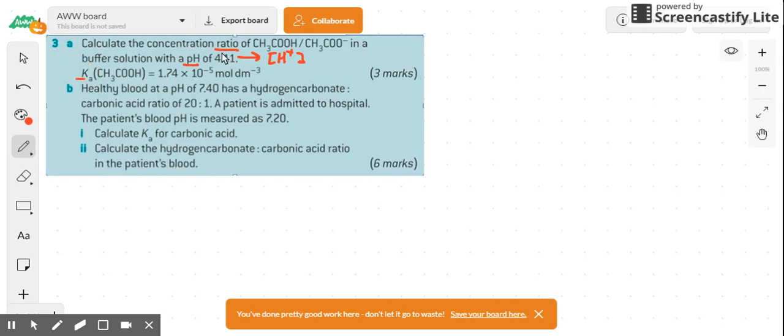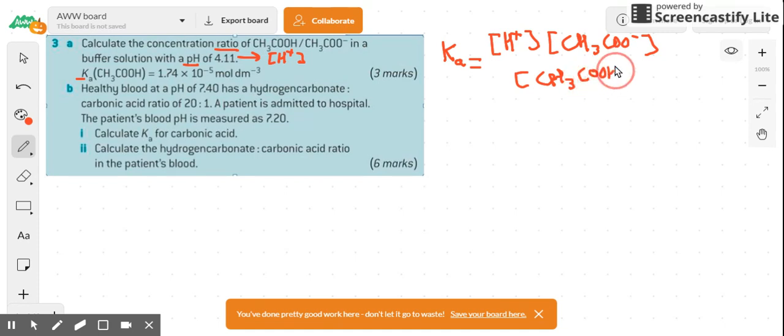And they give us the Ka, and then we have to find the ratio between the acid and the conjugate base. So we can start by writing the Ka expression. There we go.